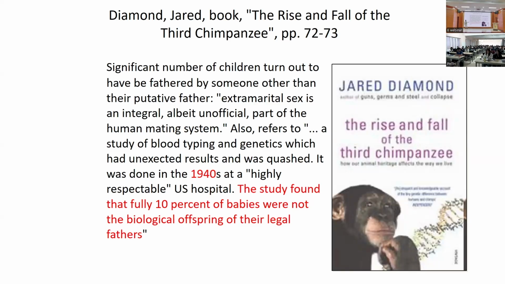In the 40s, that percentage of about 10% was demonstrated, but the American government forbade delivering this news because it showed that American women were not as faithful, as honest, as the government wanted to show. 10%, 1 in 10. But the situation could be even worse.